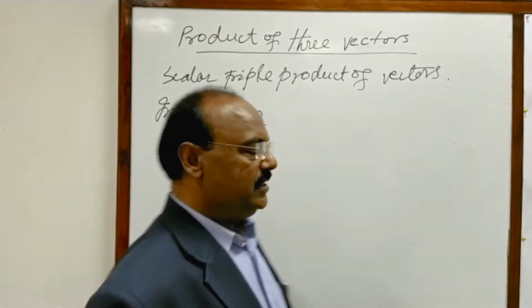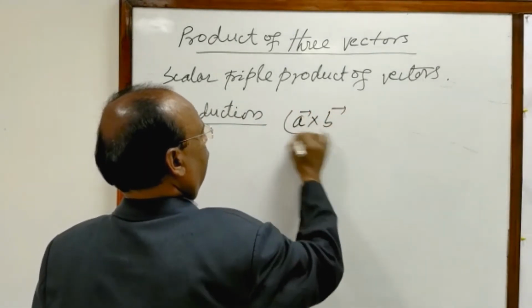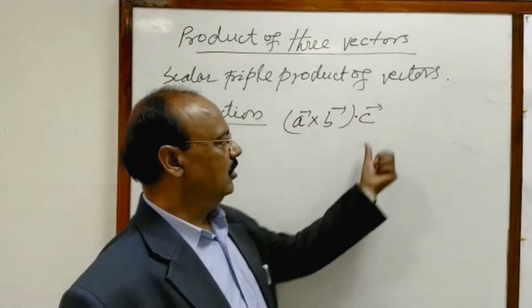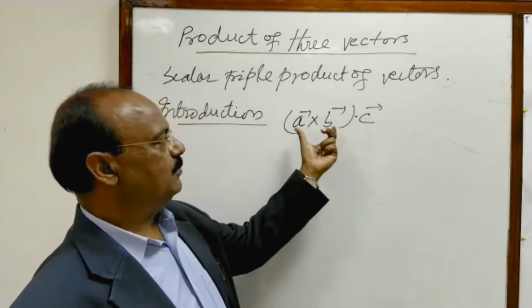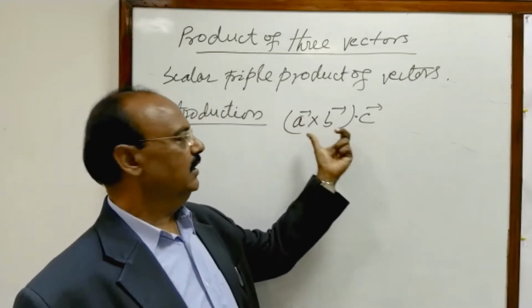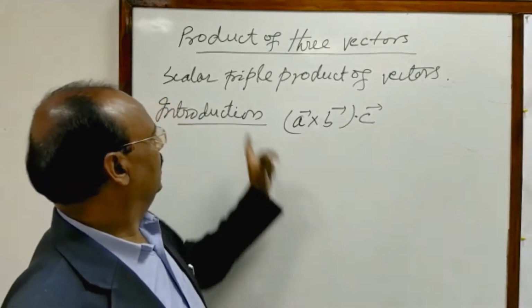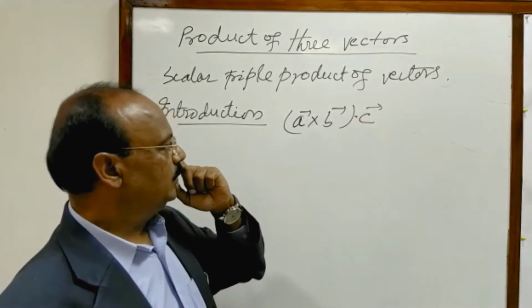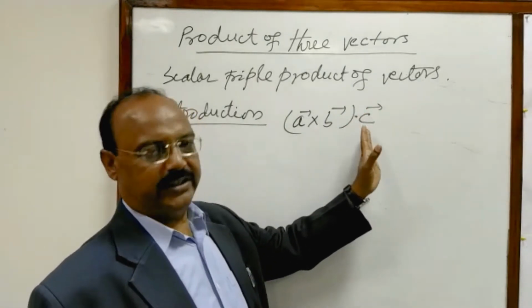Here we have to discuss this type of product of vectors, A cross B dot C. So here we have to get the product of these three vectors A, B and C, and this is known as scalar triple product, because after multiplication we will get a scalar quantity.